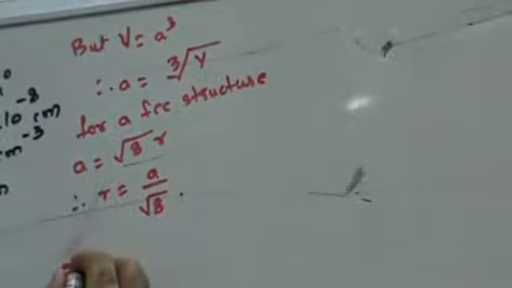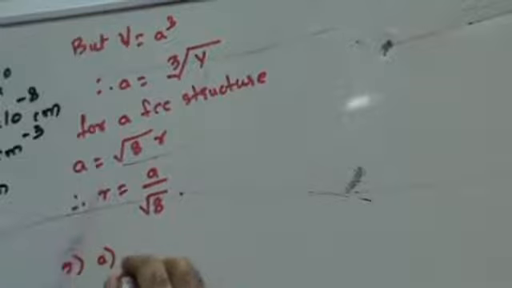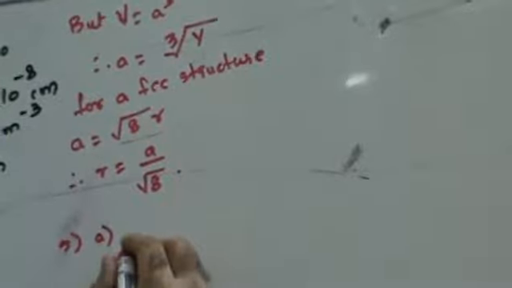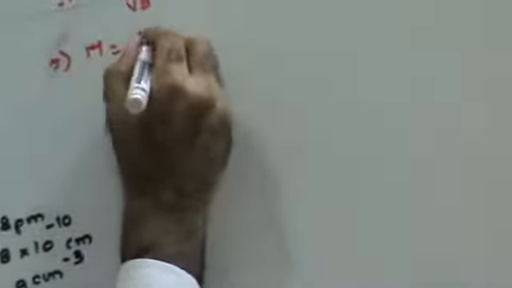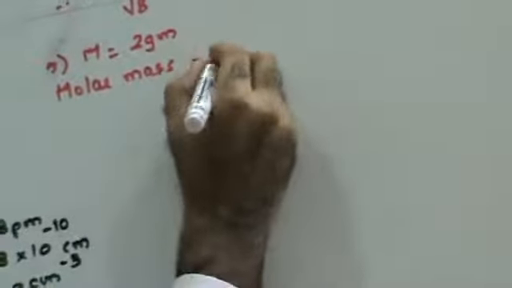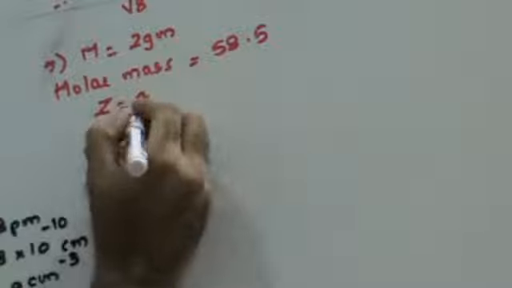Next. How many unit cells are present in 2 grams of cubic crystal of NaCl, if the molar mass of NaCl is 58.5 and the cell content is 4?